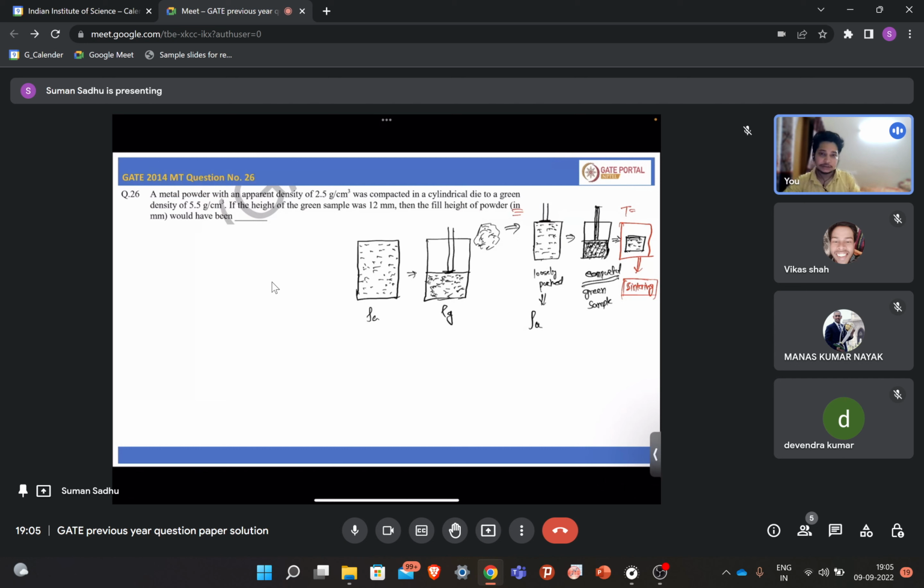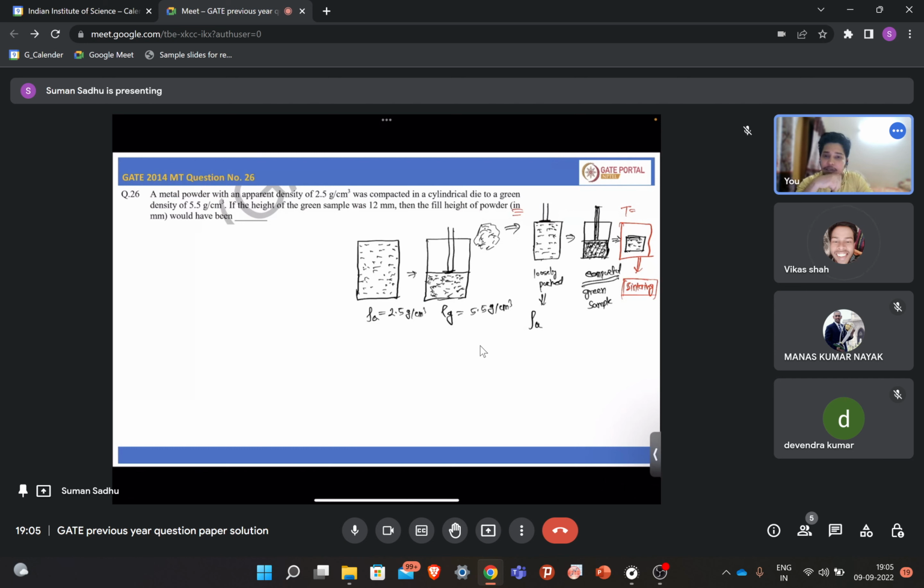So this is known as green density. So in this question, rho A is given, that is 2.5 gram per cm cube. Rho G is also given, 5.5 gram per cm cube. Now you understood what is the apparent density and what is green density.